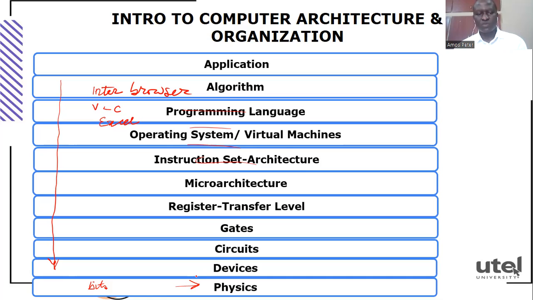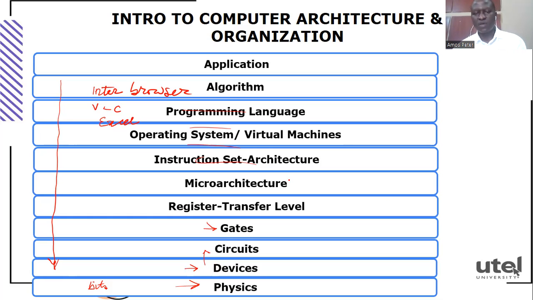With that knowledge, we'll then be able to build what we call devices, such as the transistors, the diodes, and the capacitors. And of course, it is these devices, when connected, that form electrical circuits. And from circuits, we can build our logic gates. Then we can also subsequently build the register transfer level.